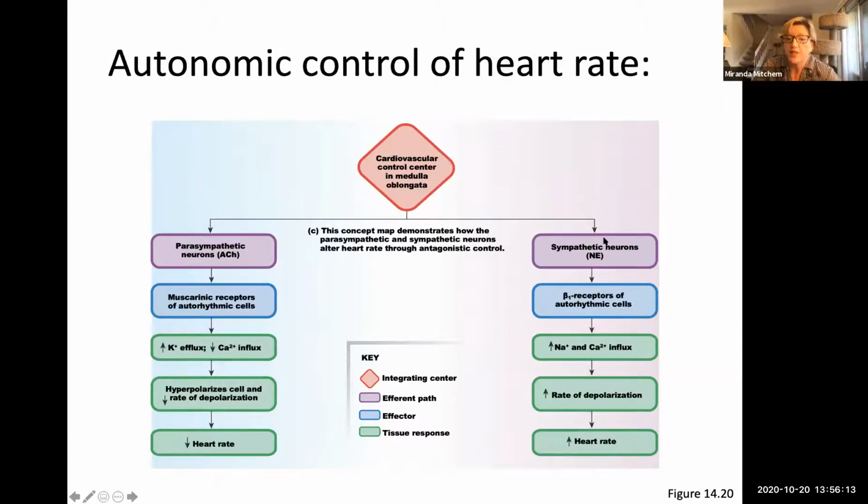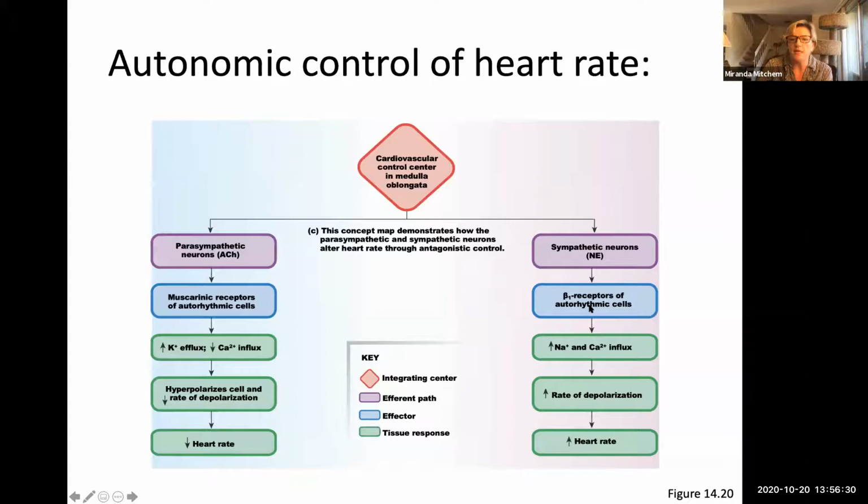So we have sympathetic stimulation, norepinephrine is released. It binds to a type of receptor called the beta-1 receptor. These are present right on those autorhythmic cells. I mean, how else are we going to get them to fire quickly if we can't target those cells?